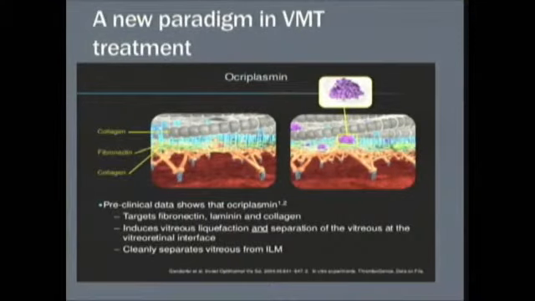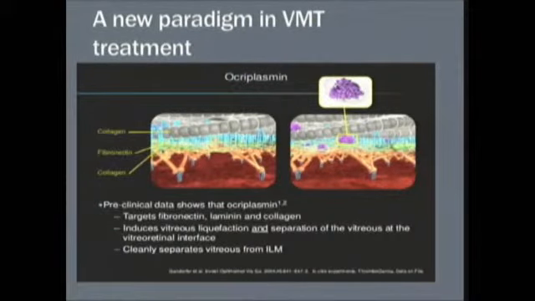There is a new paradigm for vitreomacular traction, which is Ocriplasmin. Ocriplasmin targets the fibronectin, laminin, and collagen, and it helps to separate the vitreous from the vitreoretinal interface.